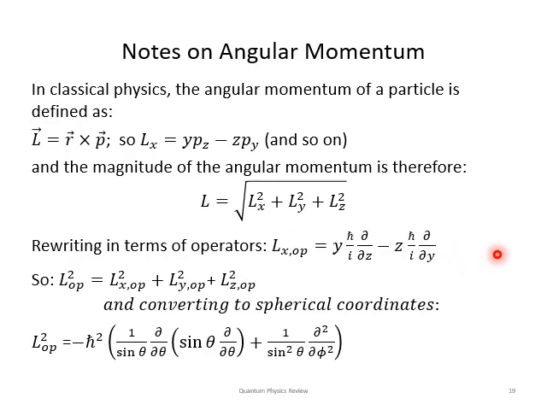I want to go back and talk a little bit about angular momentum at this point. In classical physics, the angular momentum of a particle is defined as r cross p. And we have operators in quantum mechanics for those vectors, r and p, right?